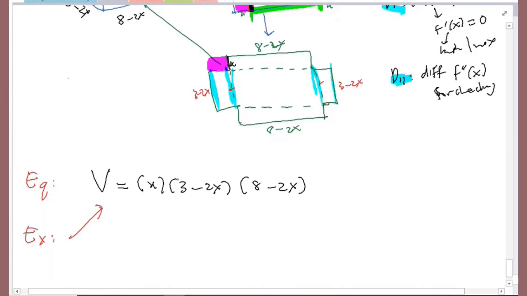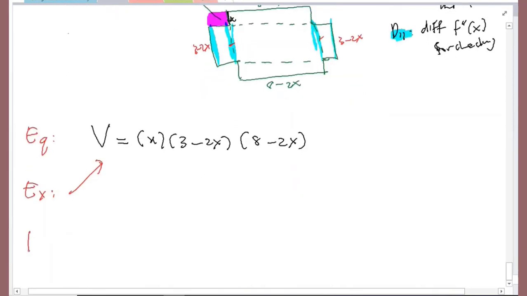The next is D1, or D prime: differentiate with respect to x. It is better to expand, or you can use the product rule.